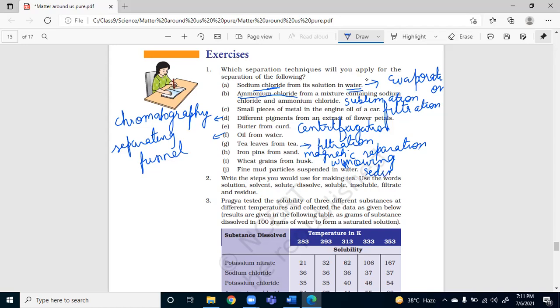Sedimentation means if you leave that solution undisturbed, then the mud particles will settle down, and you can use decantation for transferring the clear water to another container.